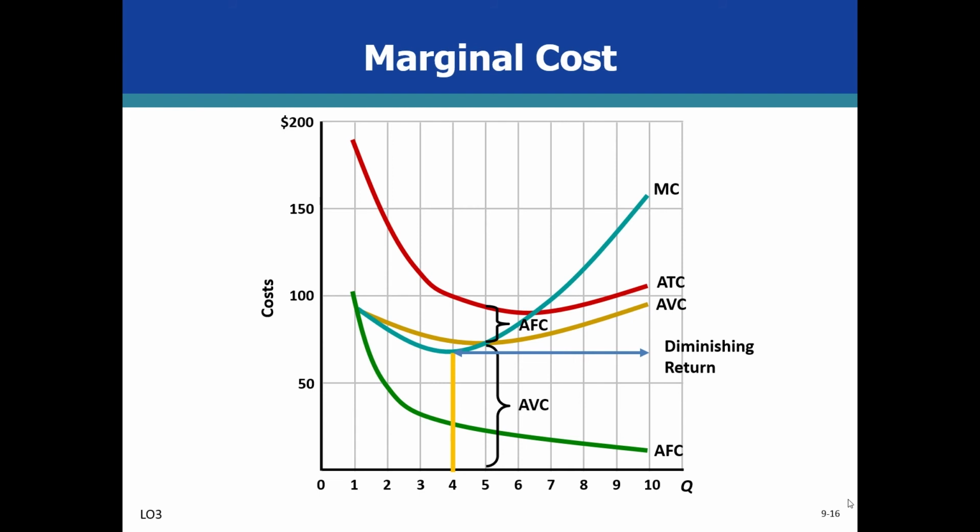You can see the low points here for average total cost at 7 units of production. This is basically a graph that looks at all of the costs relative to the table that was previously shown.